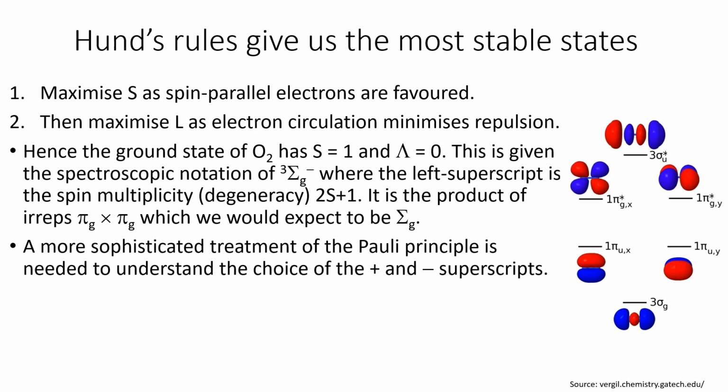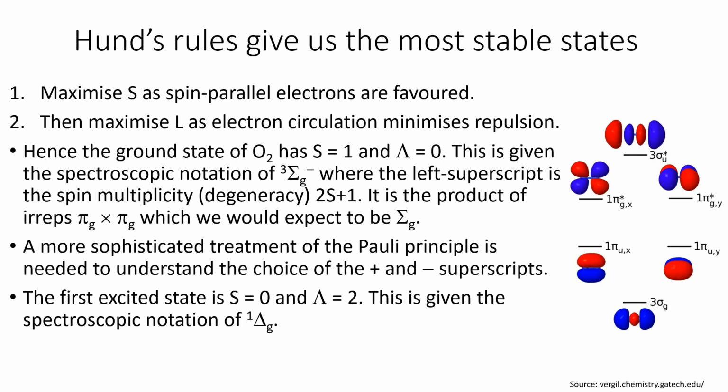But actually we're up at a slightly higher level here. We're not looking at just the level of electrons. We're looking at these coupled states. And so applying the Pauli principle between coupled states involves a slightly higher level of maths. Basically, it's harder work, so I'm not going to get into that here. But ultimately, this drops out of a Pauli principle consideration. Right, so that's our ground state.